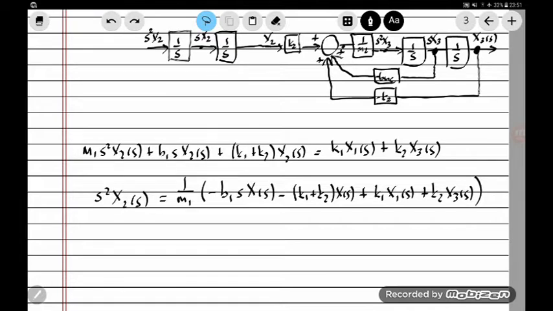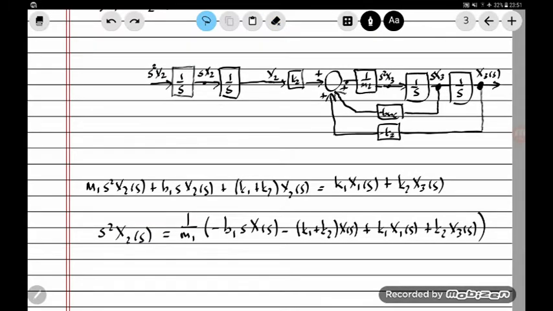Again, this equation can be interpreted like this. It says that the signal s squared x2 is equal to 1 over m1 times this whole term. So again, I can just draw it like this. This is 1 over m1, and we've got some summation block.